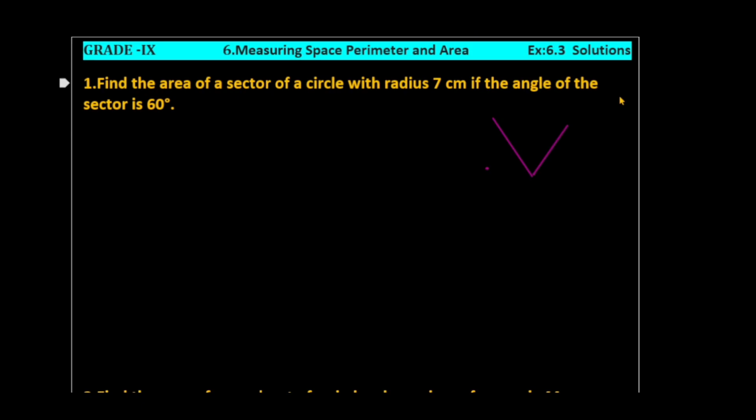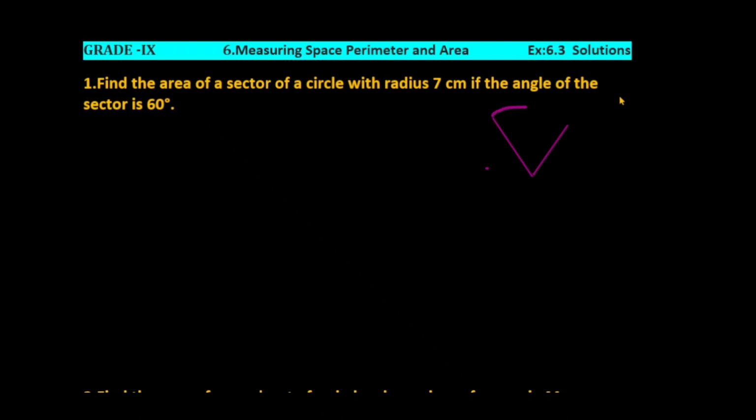So this sector, if we are joining this, the sector is minor sector. The angle here 60 degree given and radius 7 centimeter given. We need to find area of the sector. The information given, r is 7 centimeter, theta angle 60 degree.